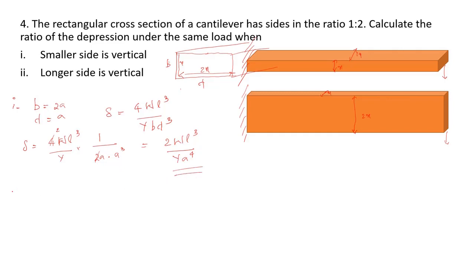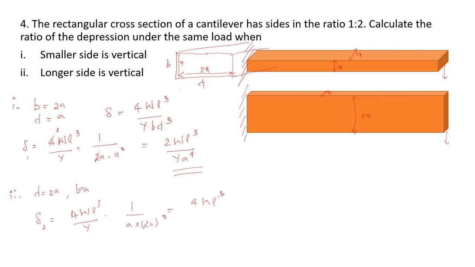Similarly, let's calculate for the second case, when the longer side is vertical, that is, when the beam is kept like this. When the longer side is vertical, the depth is 2a while the breadth is a. Using the same equation, delta 2 is equal to 4 w L cube divided by y into 1 by breadth a times depth 2a, the whole cube.